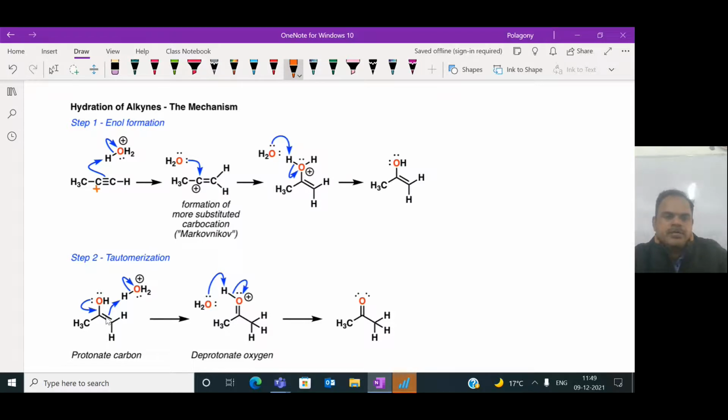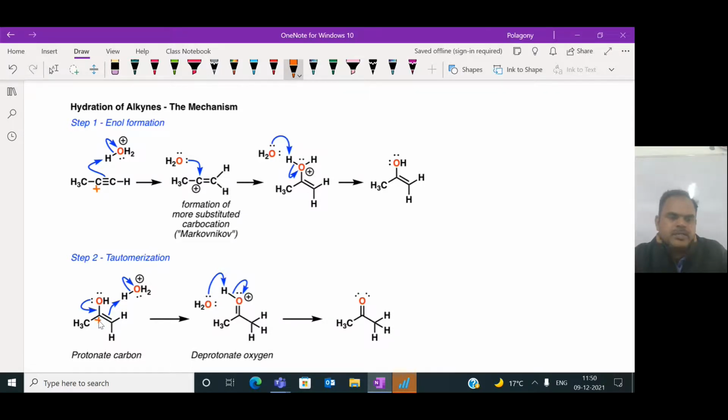When the double bond is given to this hydrogen, the proton, the bond between this oxygen and hydrogen breaks and this becomes a water molecule. The proton is added to this carbon, and when the proton is added to this carbon, there is a positive charge here.